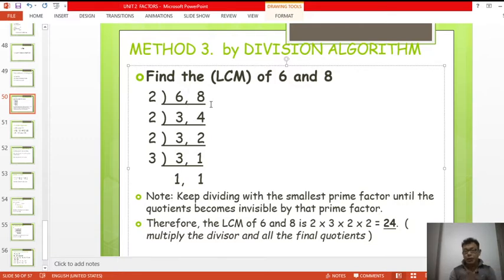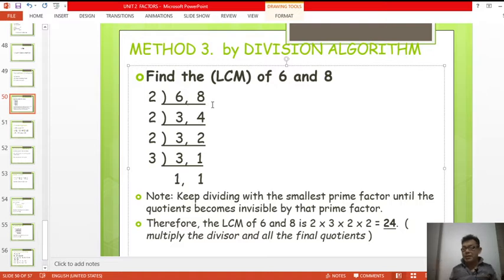So again, write these two numbers 6 and 8, draw the reverse division sign, and you think of a prime number that you can divide both numbers. Be careful here. You have to listen to me, because this is not the same as finding HCF.